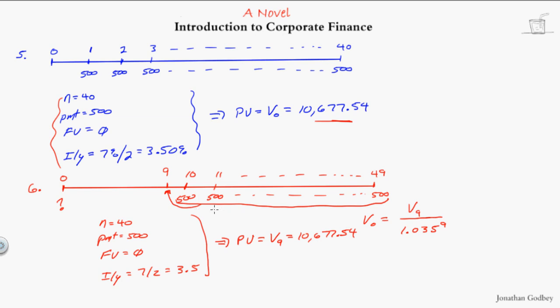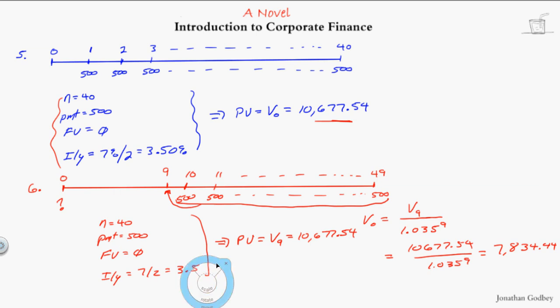But we didn't tell the calculator the payment started at period 10, so we have to make that adjustment ourselves. So the 10,677.54 over 1.035 to the 9th is equal to $7,834.44.